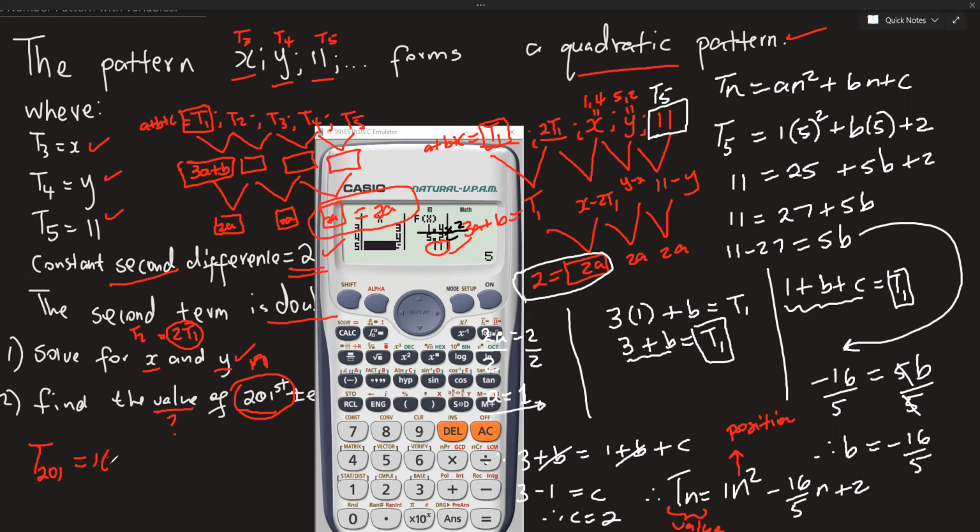Where there's n, you replace by 201: 201 squared minus 16 over 5 times 201, plus 2, right? Then I advise you to always just use brackets when you are substituting. Awesome. And then if you press your calculator, this should give you 39759.8, which is the final answer for this question.